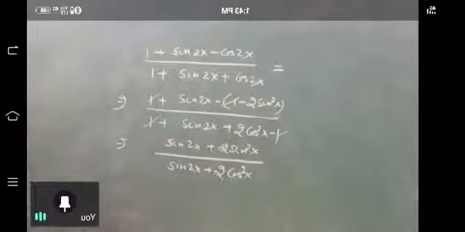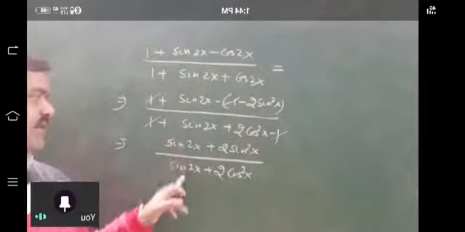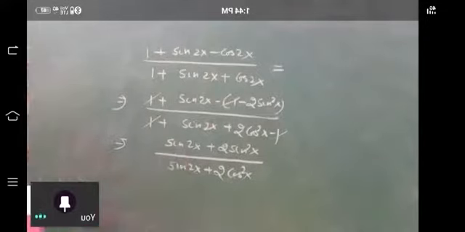Now again write the identity of sin 2x in both numerator and denominator.